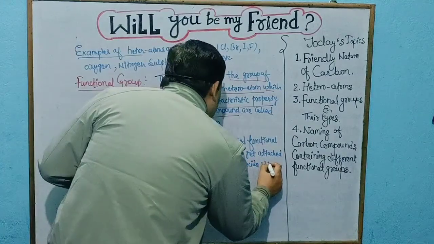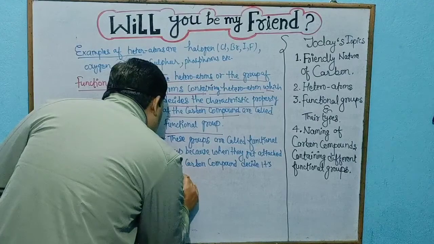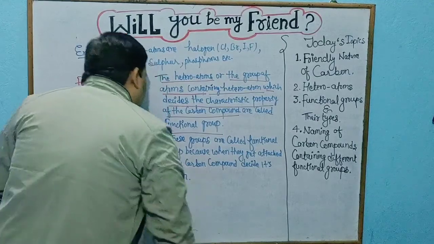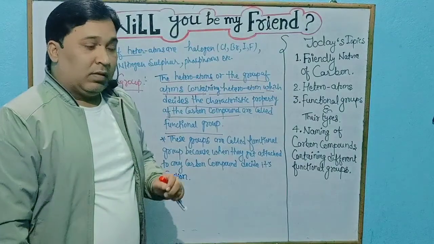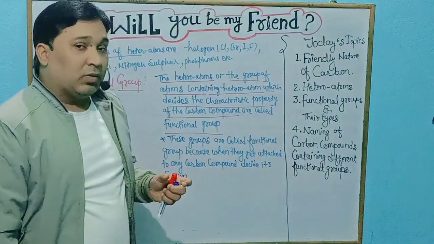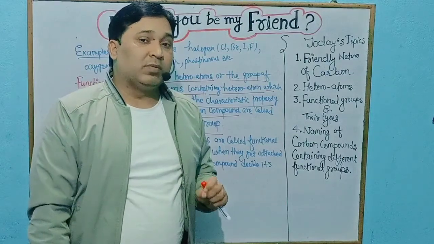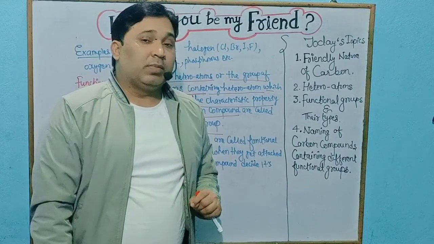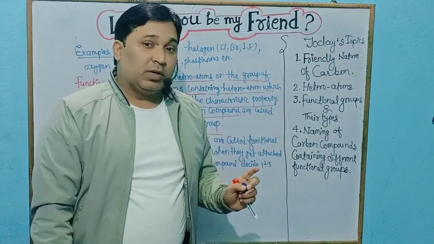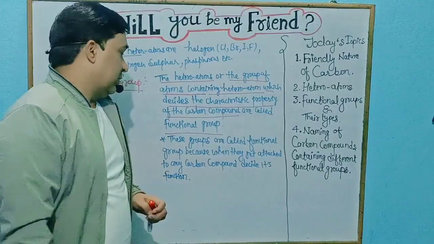We can say they decide its function. And they are very specific in function, right? You can say when an alcoholic group is added to a carbon compound, it shows a characteristic different property. And when a carboxylic group is added to a carbon compound, it shows a different characteristic property. So the functional groups are very specific in nature.